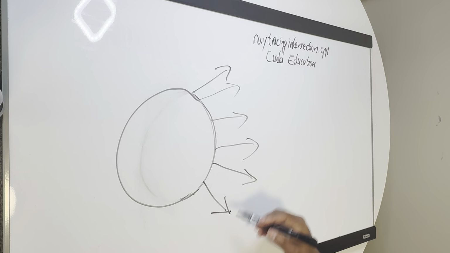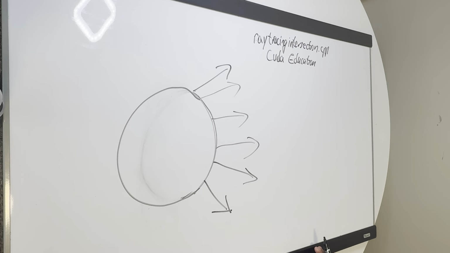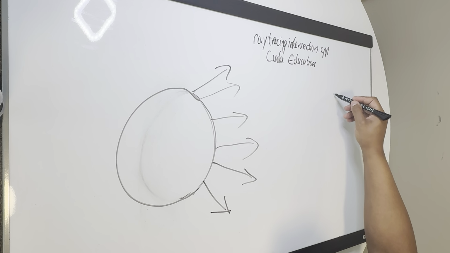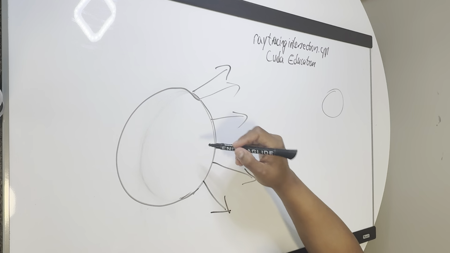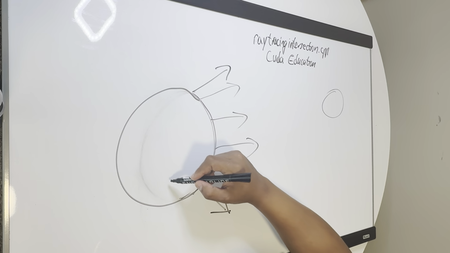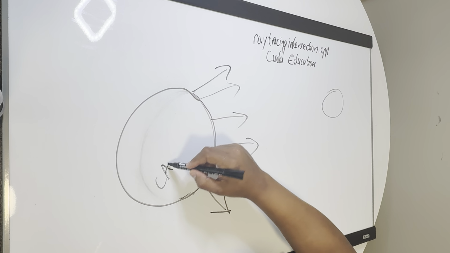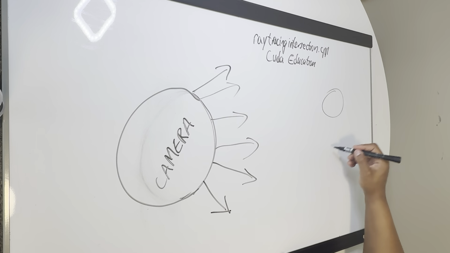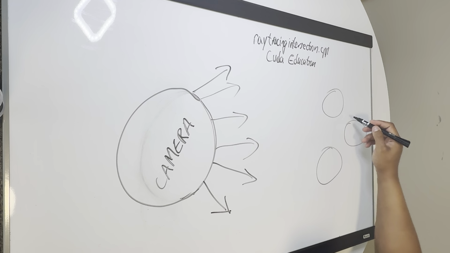It's shooting out rays into a scene, and the scene has a bunch of spheres. So this is a camera. We're shooting out rays into a scene, and then we have a bunch of spheres.